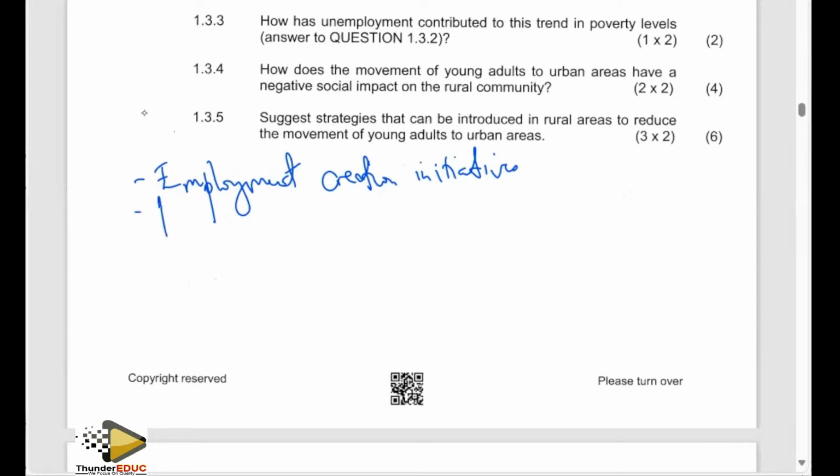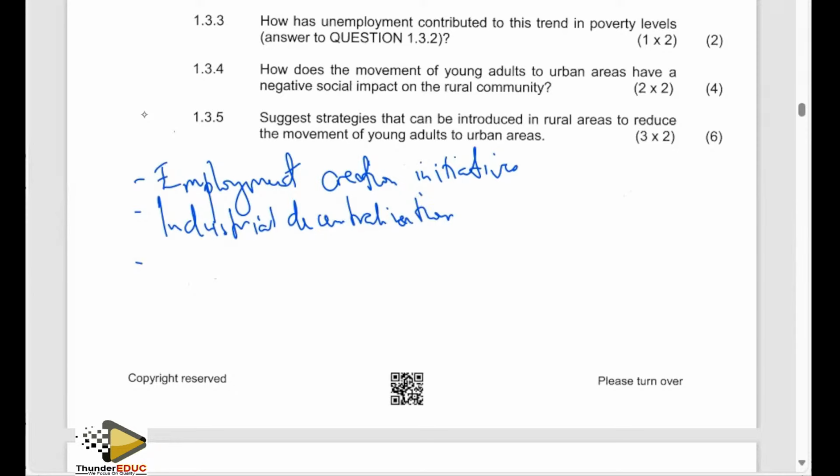Or you can talk of industrial decentralization. If we decentralize industries into rural areas, it also means that the rural areas will benefit from employment opportunities from those industries. So there's no more incentive for people to move from rural areas going to cities and towns.